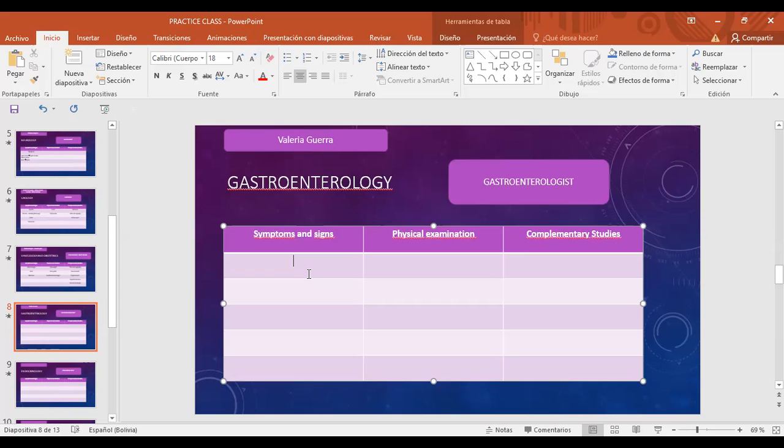How would you say in English the yellowish skin? Ictericia in English.